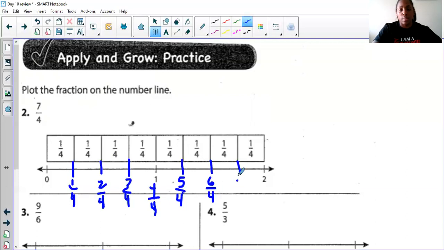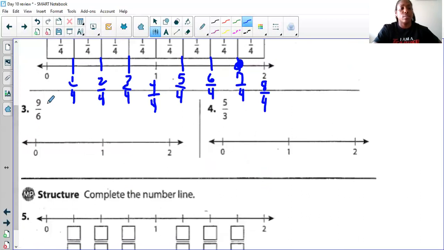And then look at that, 7/4. Oh, that's awesome. So 7/4 is located right there. And if we get to the end of this strip, that would make it 8/4. And when we think about it, division-wise, 8 divided by 4 equals 2. So we have plotted 7/4 right there.